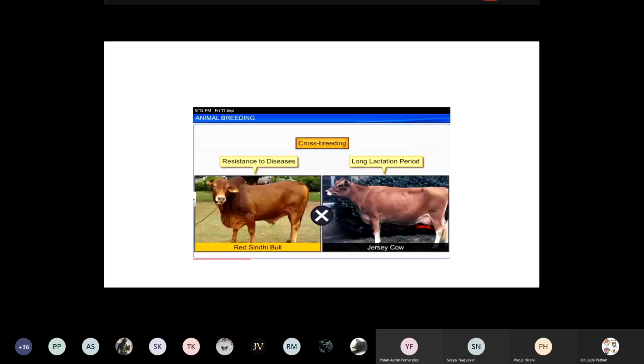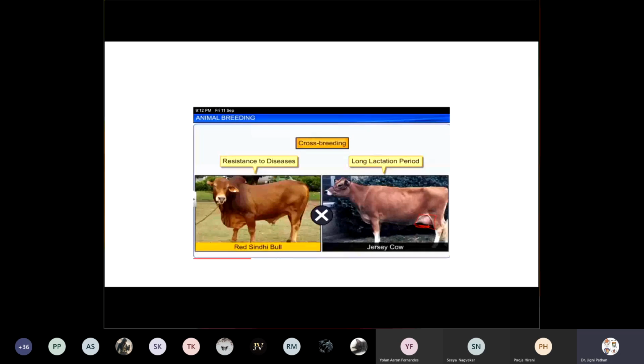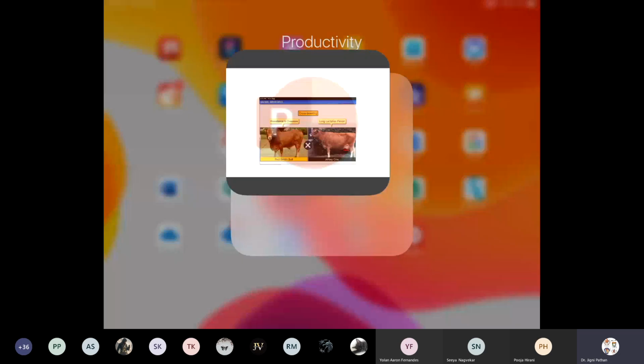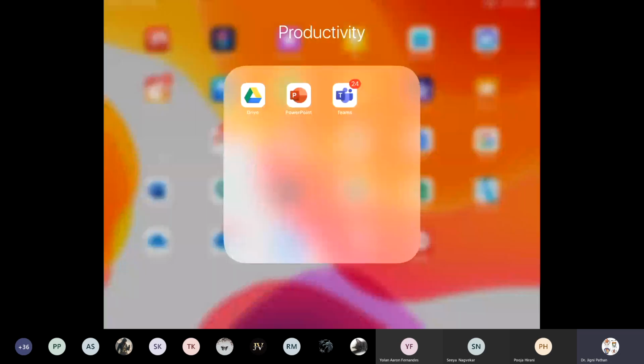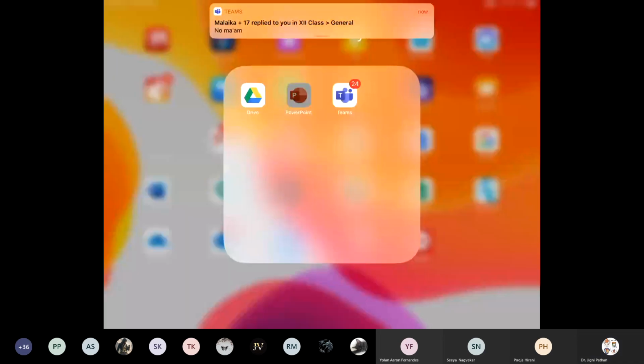It's inflammation of this udder and happens basically due to infection. Dry cow means the one who is not producing milk, where milk is not being produced. Can you all see the screen? Now it's visible.